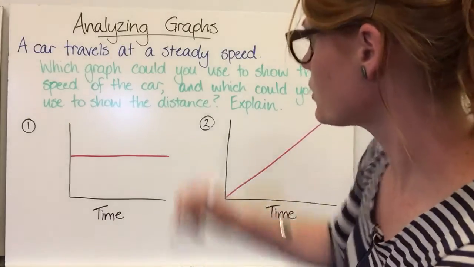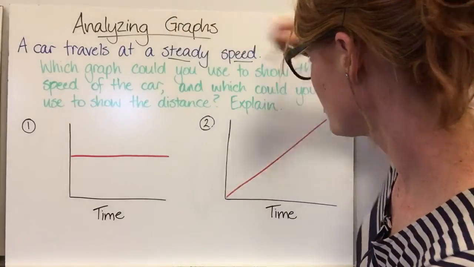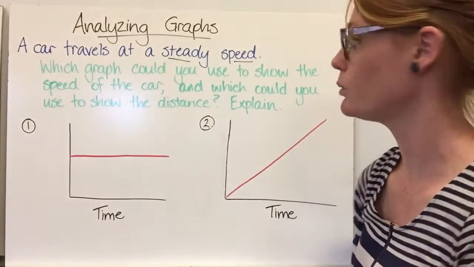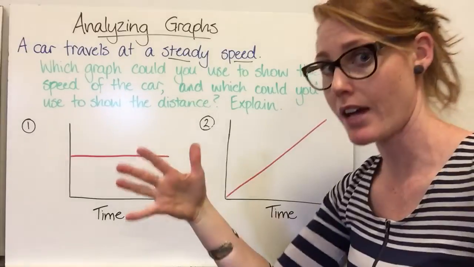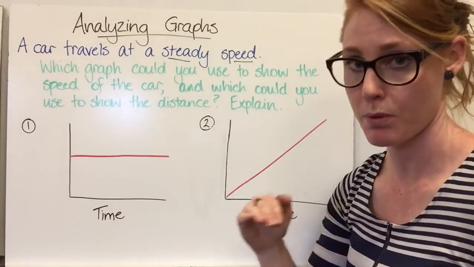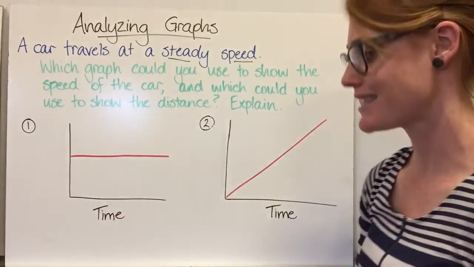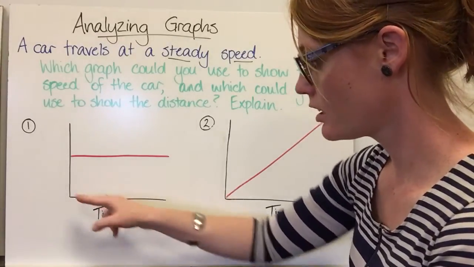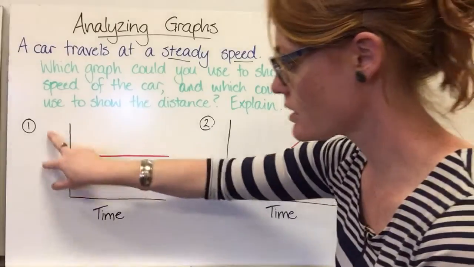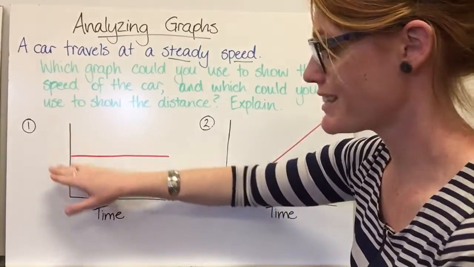So if we take some clues from the story that's being told, we know that the car is traveling at a steady speed. It's not going fast and then slowing down. It's pretty steady all the way through and pretty consistent. So as time passes, here we can see this variable, whatever this may be, is not changing.